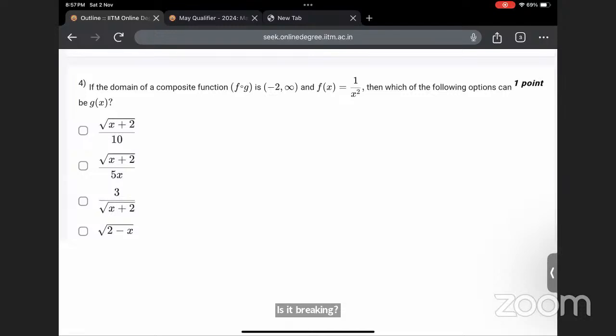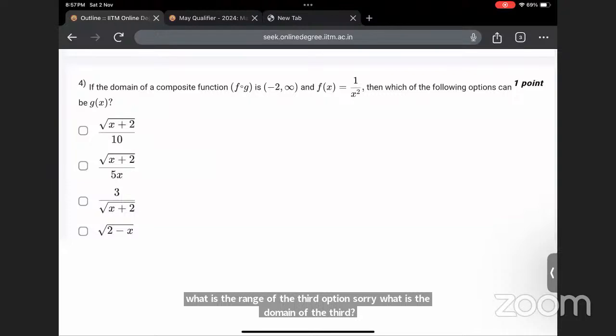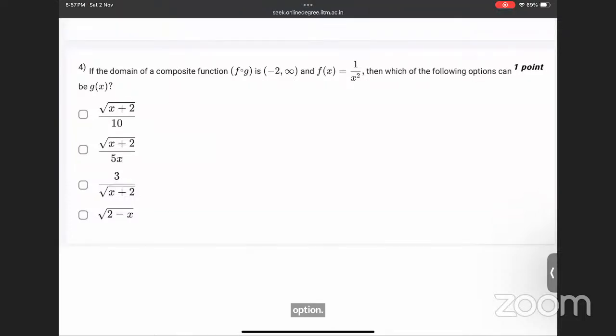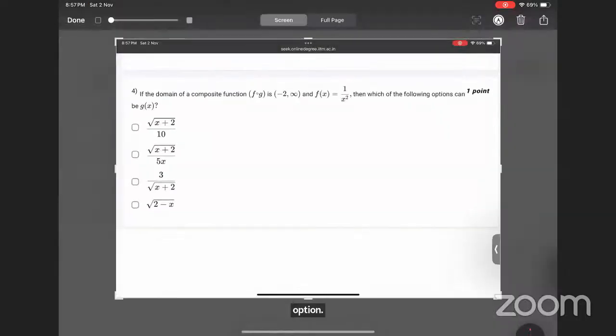Okay. So we were discussing the third option, right? What is the domain of the third option? -2 to infinity, open bracket at -2. Yes, correct. And what is the range?